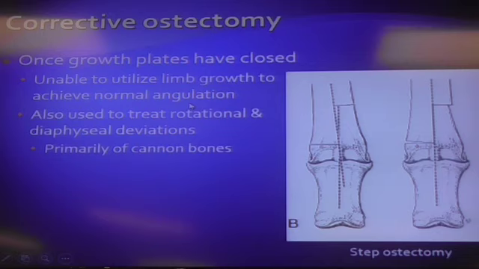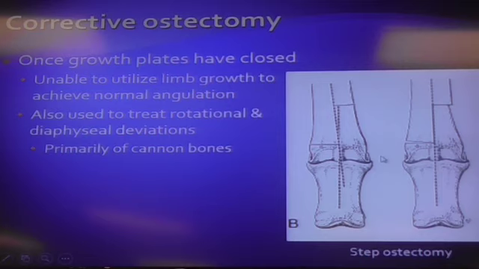So if you're unable to utilize limb growth to achieve normal ambulation, or when you have something rotational instead of an angular limb deformity, something that rotates this way, usually you're talking about the cannon bone. What you're going to do is make a couple of cuts through the actual bone, remove a little wedge, and then slide this piece of bone towards midline.